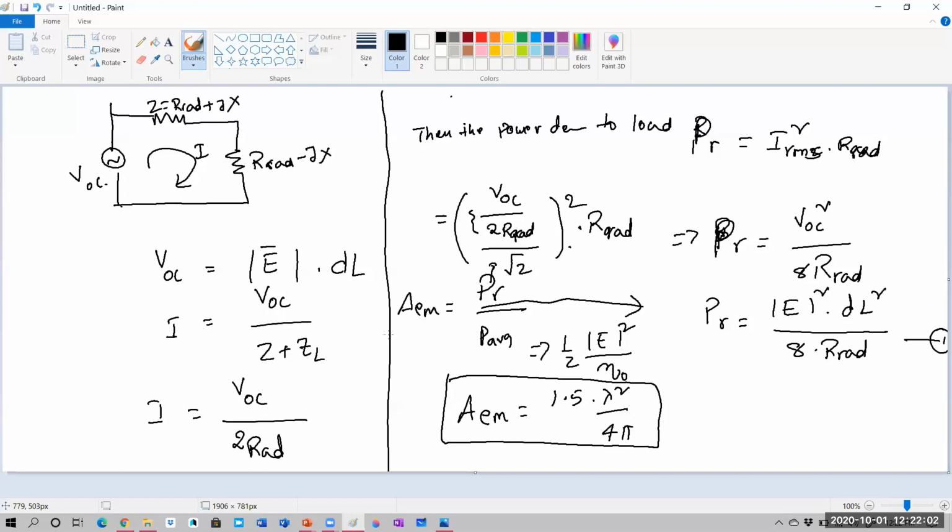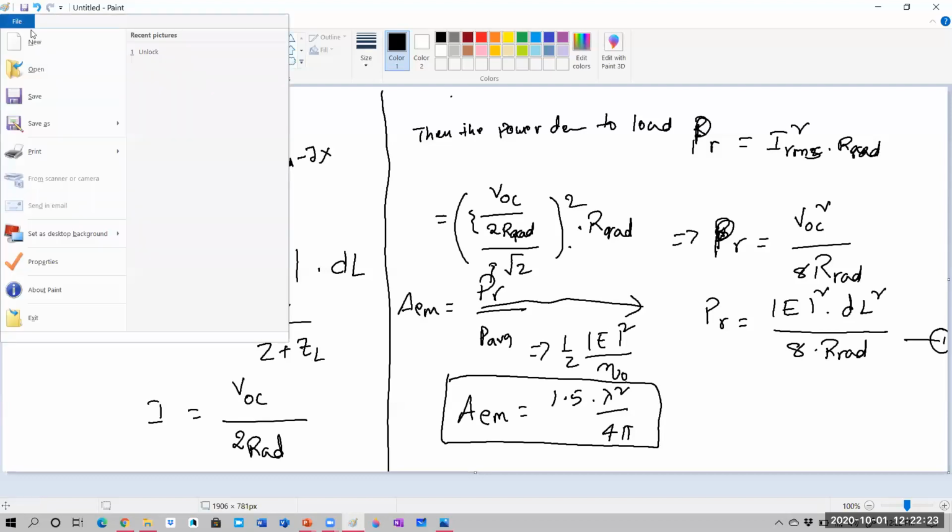Aperture is purely about a receiving antenna. I will write some formulas useful in calculating problems.